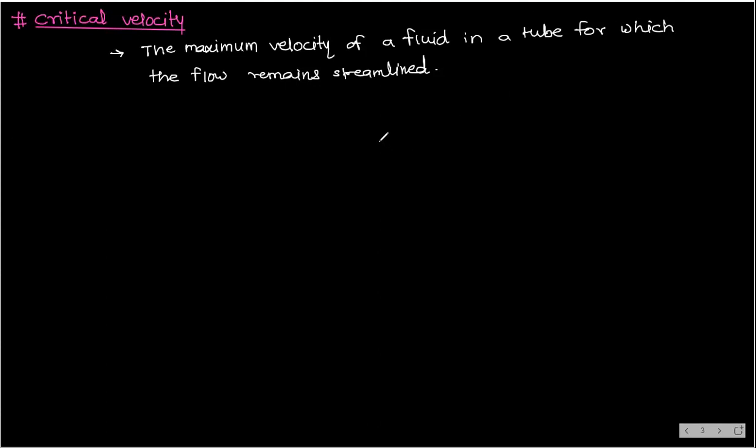For example, suppose this is a pipe and a fluid is flowing in it. The maximum velocity of this fluid flowing through the pipe up to which the flow is streamlined. And streamlined flow you know already: the velocity of every particle passing a particular point is the same.